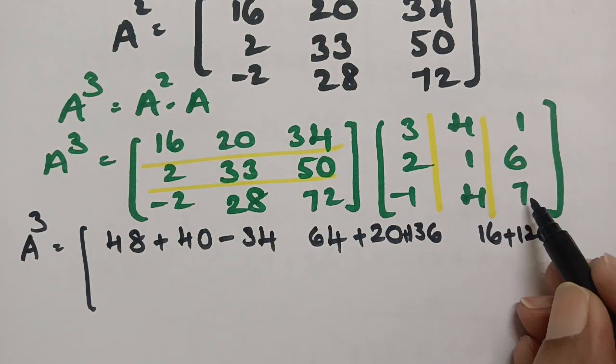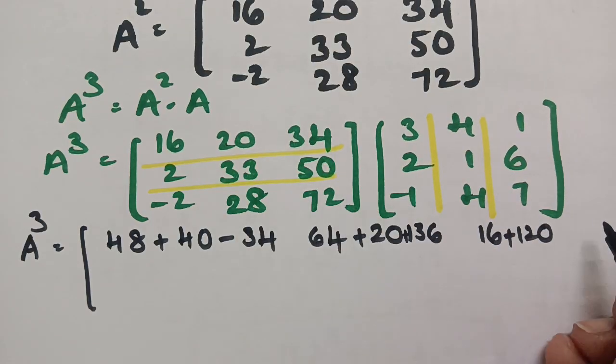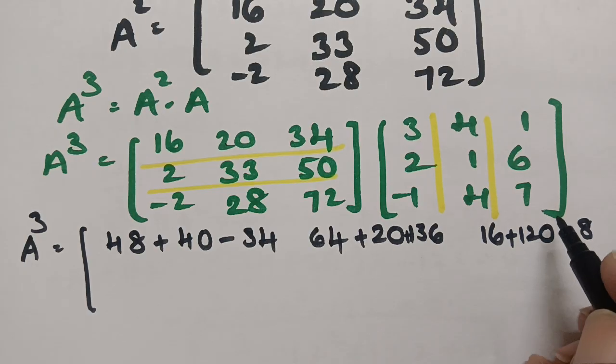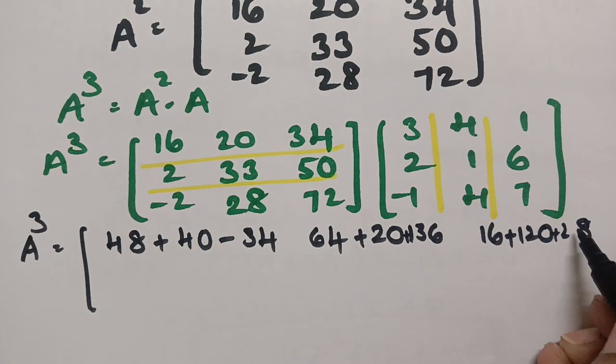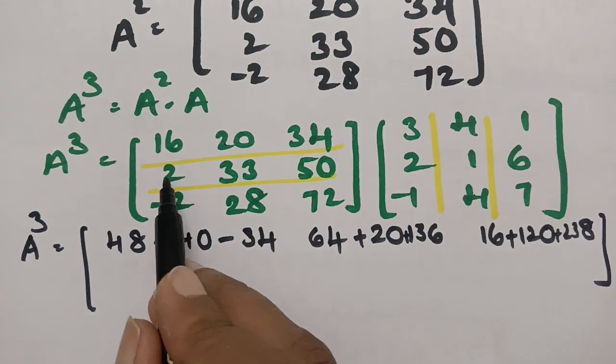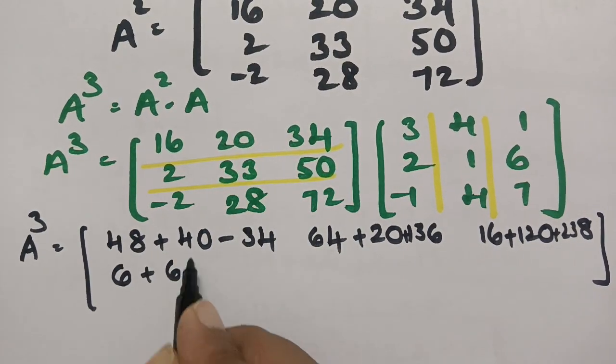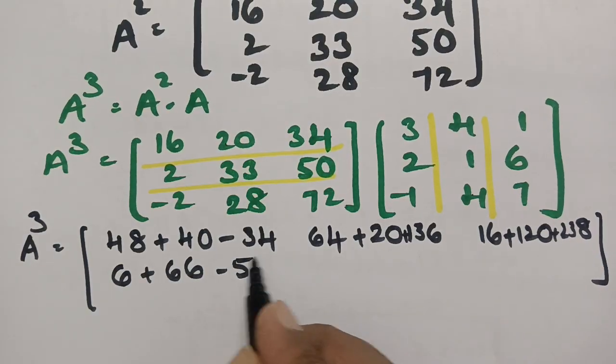And here the value, see, observe, 4, 7 4s are 28, 2, 21, 22, 23. So here this is 23 plus 238. See here, 2 into 6 is 6. 33 into 2, the value here is 66, and this value is minus 50.